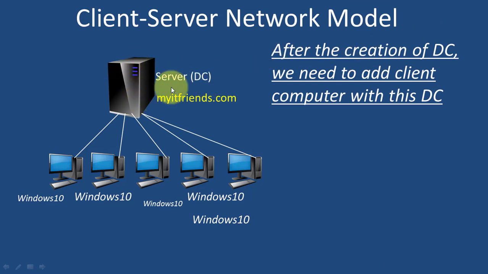After the creation of the DC, we need to add client computers to that DC. By default, after the installation of Windows Server and of a Windows client OS such as Windows 8 or Windows 10, our computer will be in workgroup mode. To connect to our DC, initially you need to check the cable connection between your server and your computer.